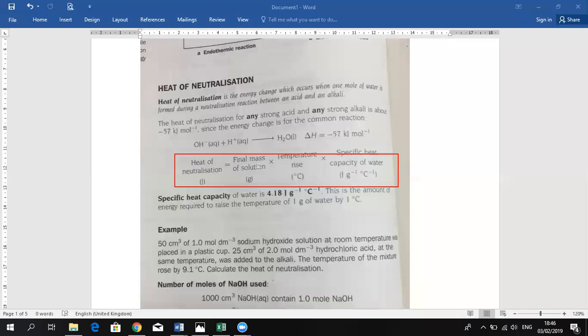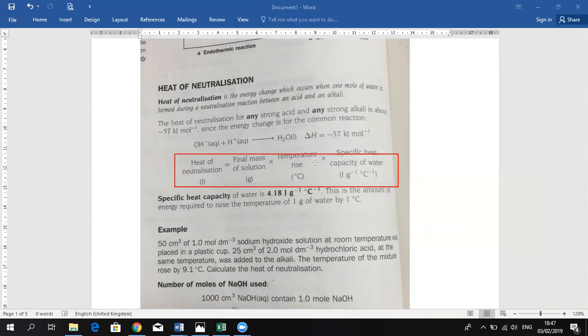You need to remember it mainly because in the example, you're going to have the final mass of the solution, which you need to calculate, and then you're going to get a temperature rise. Usually it's either given or that's what we need to calculate. When you add the acid to the base, the temperature is going to increase, because it's an exothermic reaction, so it gives off heat.